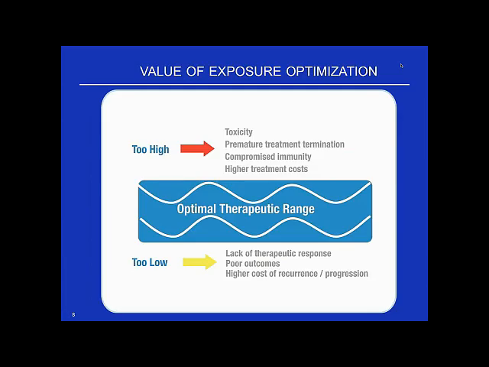That can lead to increased myelosuppression, neutropenia, which can then compromise the overall immunity of an individual patient, and that can lead to increased treatment costs. So ideally, one would like to measure the drug levels, and the pharmacokinetic parameter that has been most closely correlated with clinical outcomes is the so-called AUC, area under the concentration drug curve.